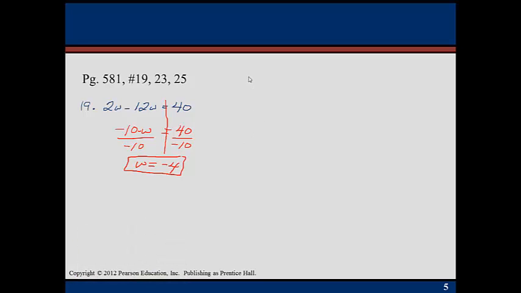And then number 23, we have 2z equals 1.2 plus 1.4. And we're solving for z. So on the right side we have like terms, 1.2 plus 1.4, so we're going to combine them, and we'll have 2z equals 2.6.